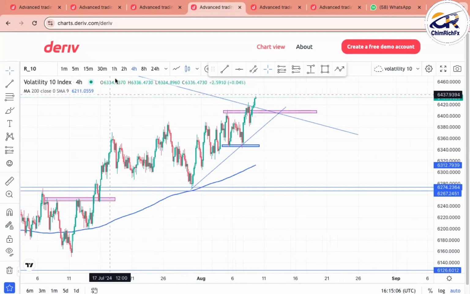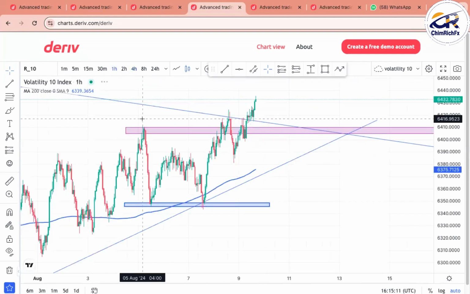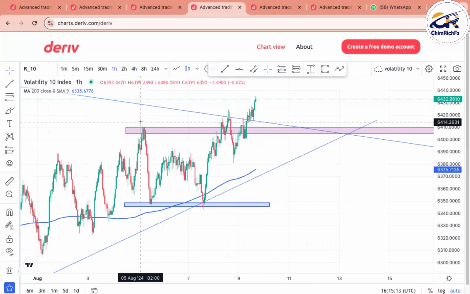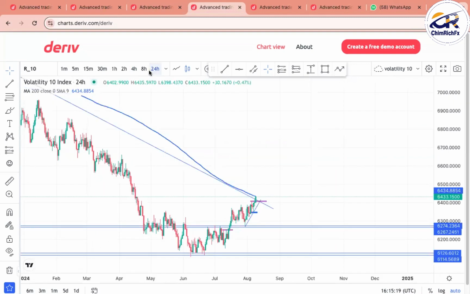And for you to have a buy case scenario, what I'll rather do is wait for the daily time frame when there is a huge break from this resistance zone, because this trend line, as you can see, is aligning with the trend line, showing that there is a resistance here.